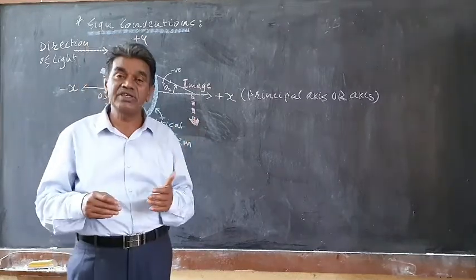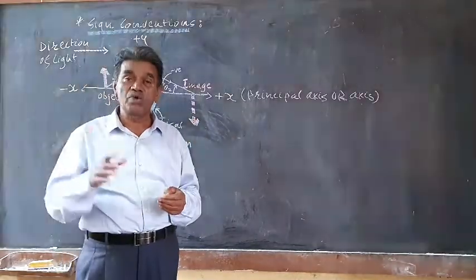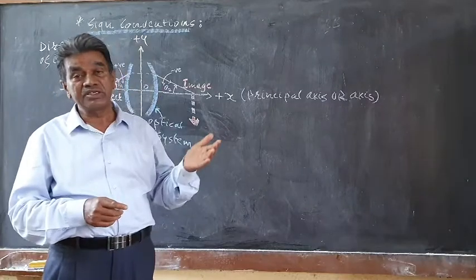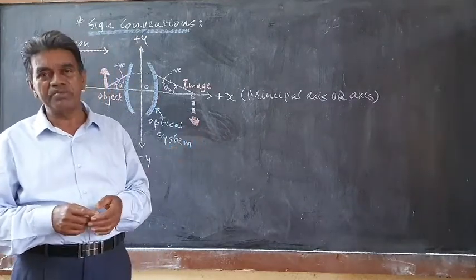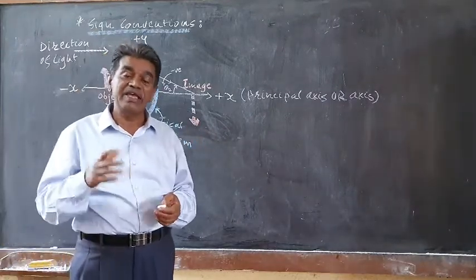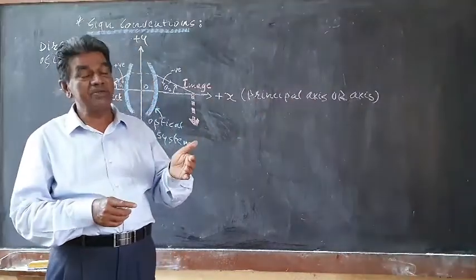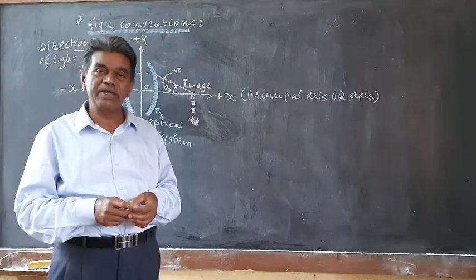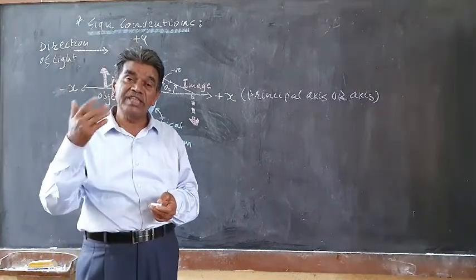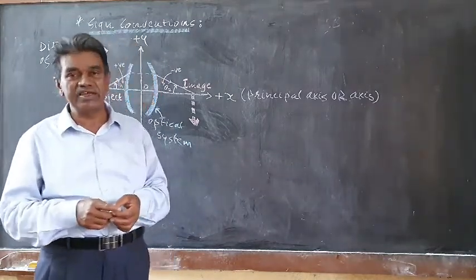They are important for the further articles: Newton's formula, the relation between axial and lateral magnifications, and the relationship between the equivalent focal length F and F dash. So there we use the sign conventions.